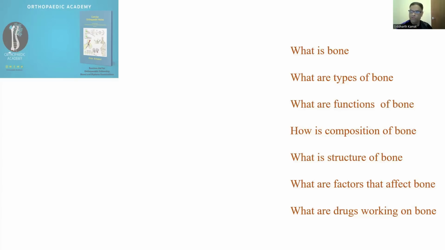Coming to osteocytes, osteocytes are relatively not so active cells, but it is an important part in mineralization of matrix and calcium phosphorus homeostasis. The third cell, the osteoclast, is derived from macrophage lineage.